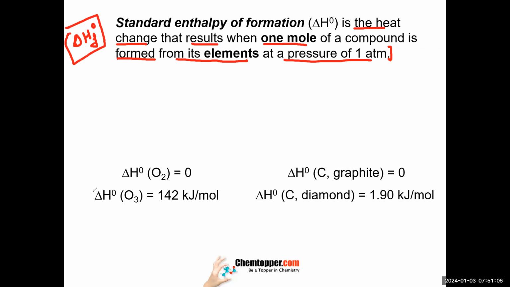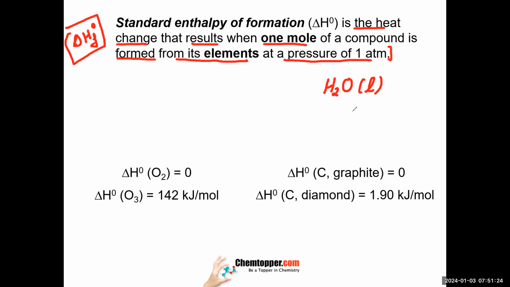If the definition is still not clear, let's try to understand more. For example, if I say water, water is the compound. Under standard conditions, it is liquid. Water is liquid at 25 degrees Celsius.